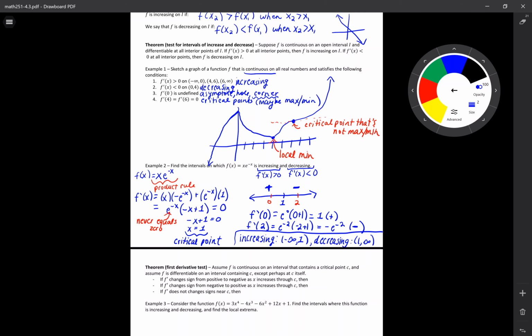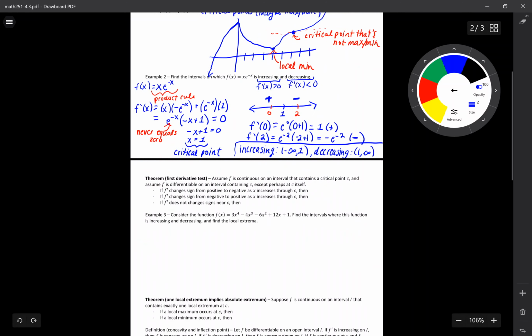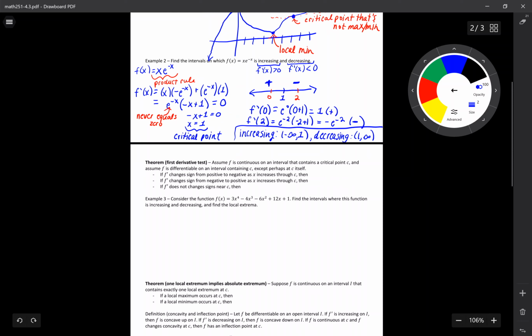Okay. The next thing that we are going to talk about is called the first derivative test. So we're going to be using this a lot in the coming week or so. Assume f is continuous on an interval that contains a critical point c, and assume f is differentiable on an interval containing c, except perhaps at c itself.